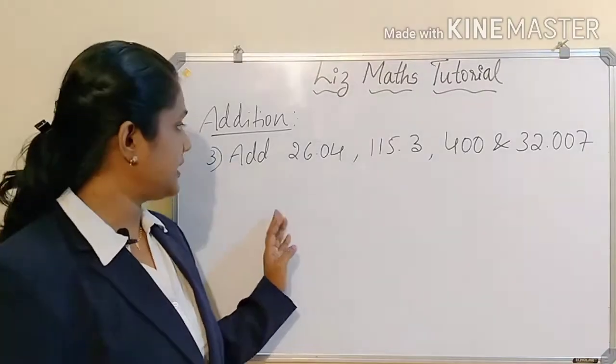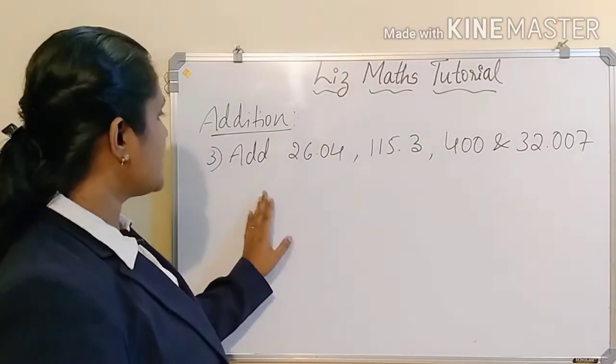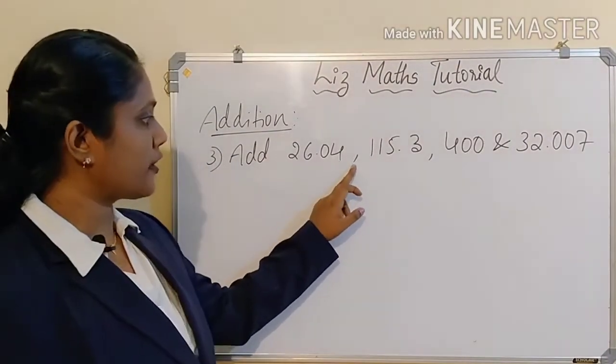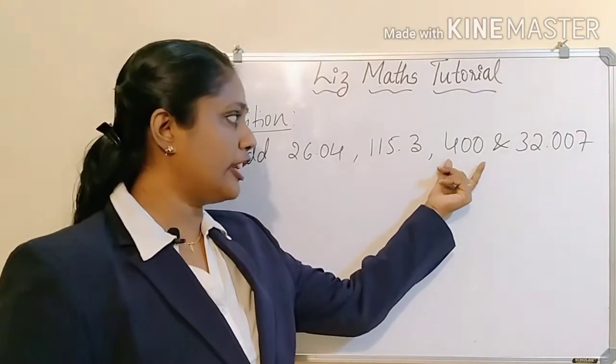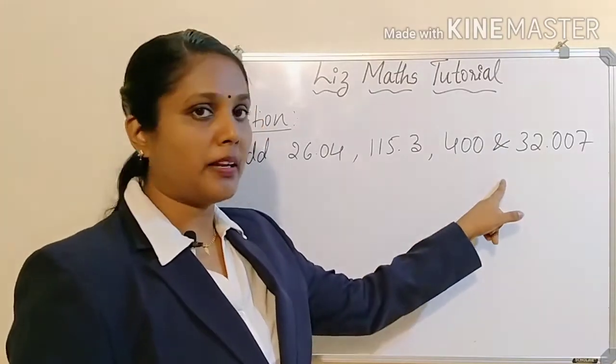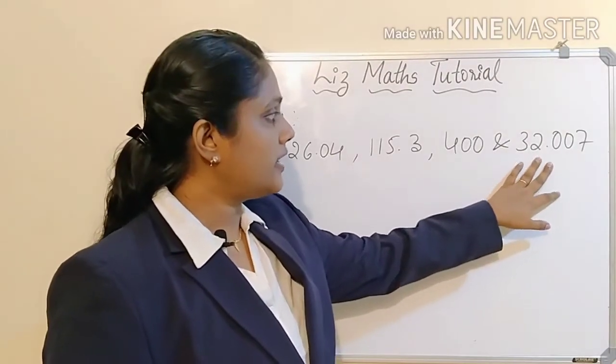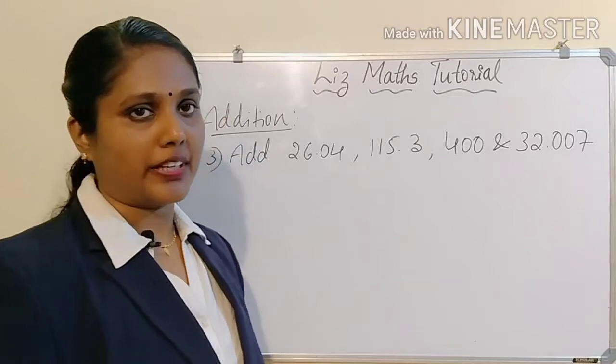Now we'll take the last example in addition. Add 26.04, 115.3, and here you can see only 400, there is no decimal part, and here 32.007. Got it?